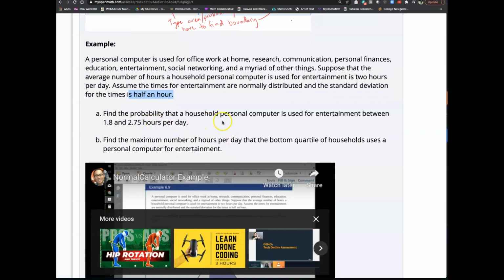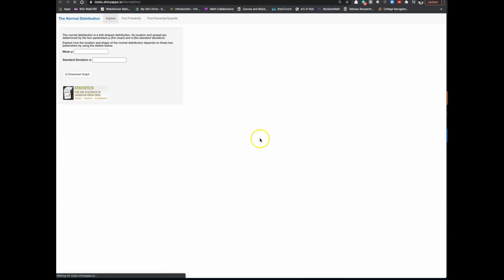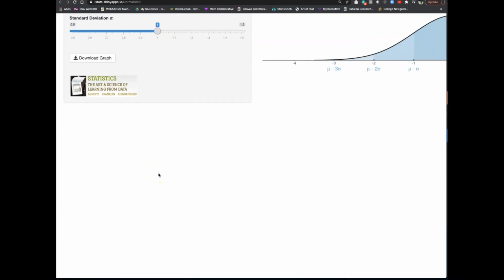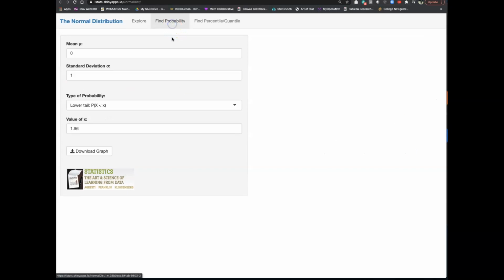Find the probability that a household computer is used for entertainment between 1.8 and 2.75 hours. What's the probability that it was used for that? So we go to Stat. We're going to look at the normal distribution, and from the normal distribution, we want to calculate the probability.